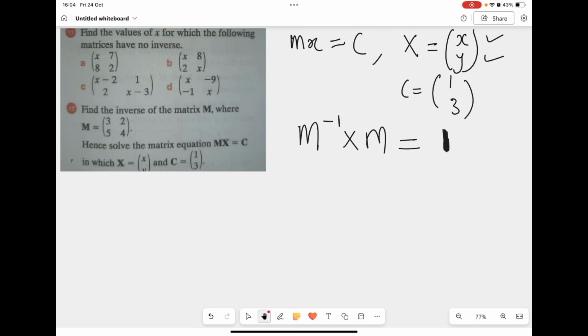Good. And an identity matrix times any matrix, let me just say times A, would give me A. An identity matrix times any matrix at all would give me that matrix.